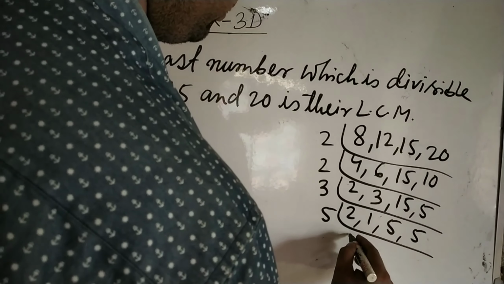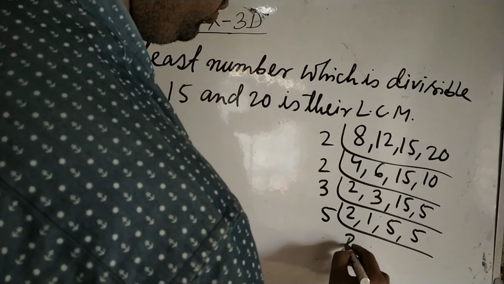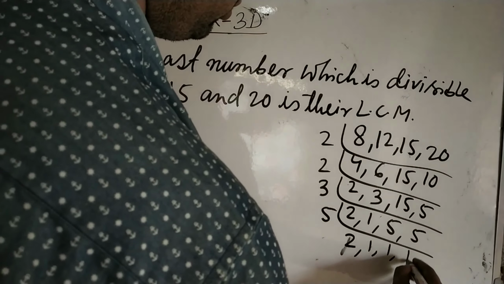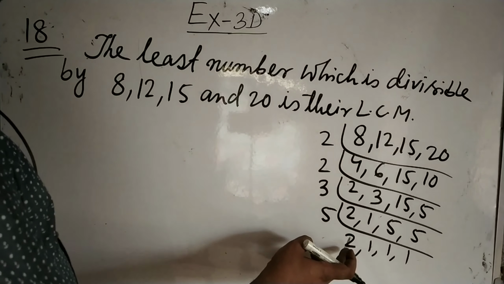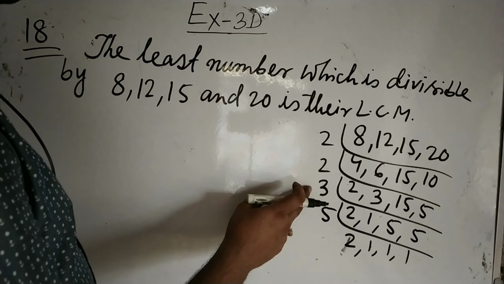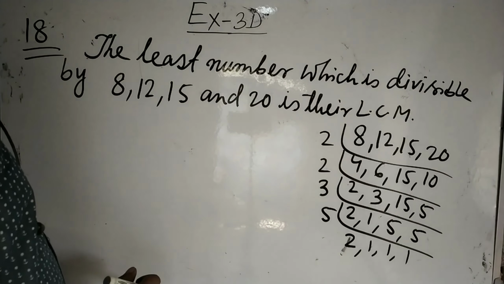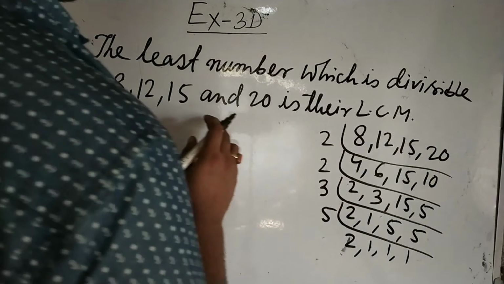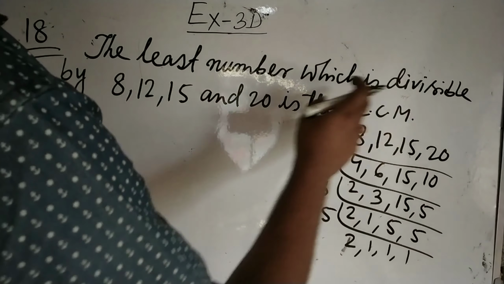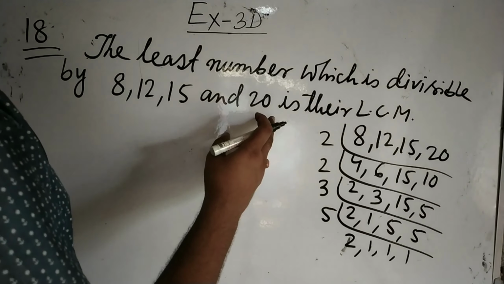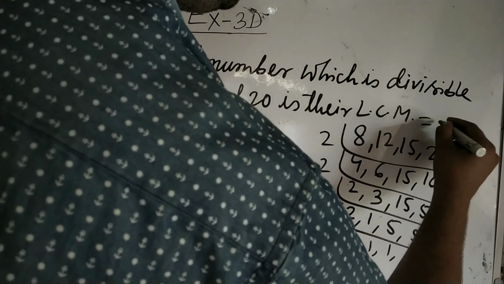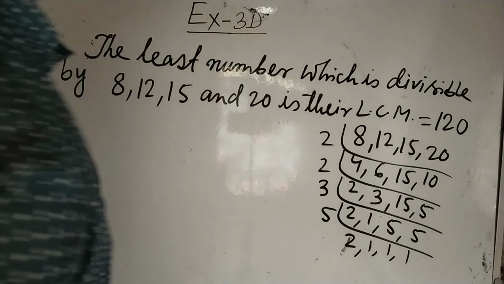So 5, 2, 1, 1, 1. That is 2 into 5, 10, 10 into 3, 30, 30 into 4, 120. So the least number which is divisible by 8, 12, 15 and 20 is their LCM equal to 120.